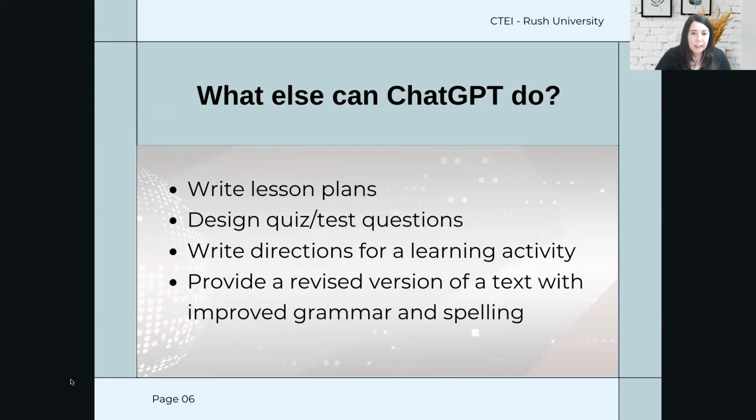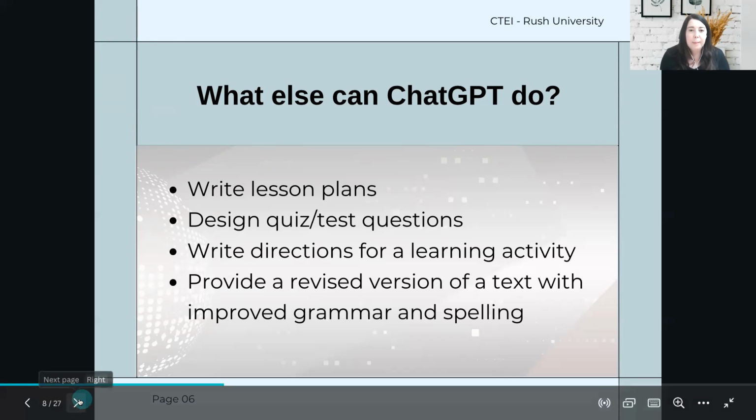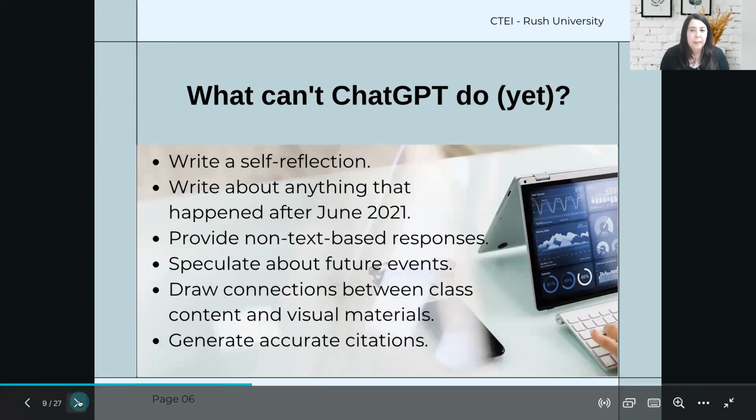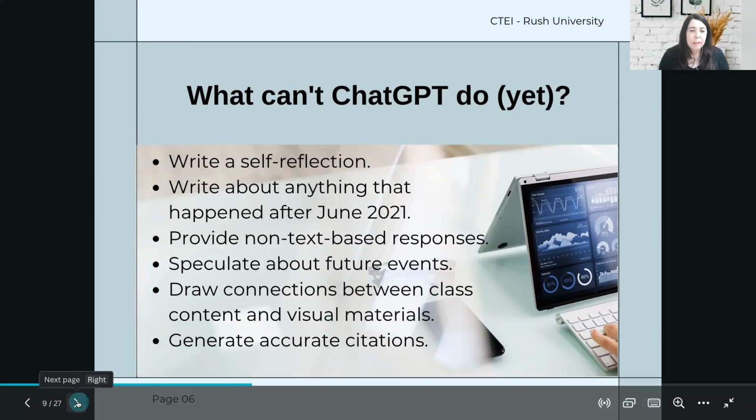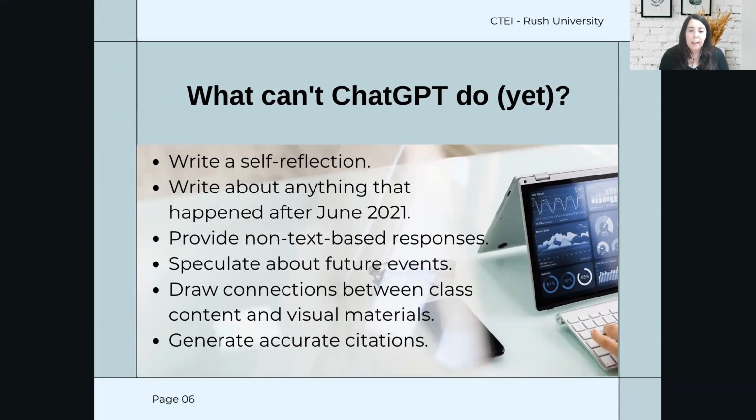Okay, next slide, and let's learn a little bit about what ChatGPT cannot do yet. And again, this is changing, especially, I think, recently ChatGPT launched a Chrome and Edge extension. So a lot of these things may be changing, but currently it can't write a self-reflection. And it's my understanding that it also can't write about anything that happened after June 2021 at this point.